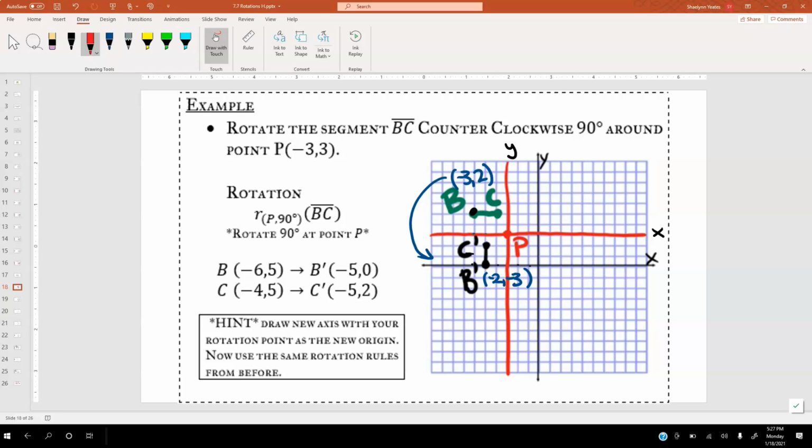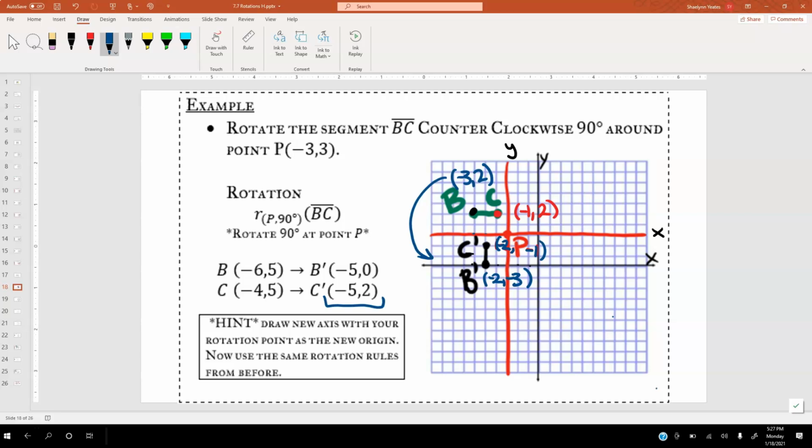I can do the same thing with C. So C, according to our new axes, is (-1, 2). So according to our rules of rotation, it should be at the point (-2, -1). I should write that in a different color. Okay, with that, in reference to the actual origin, is now the point (-5, 2).